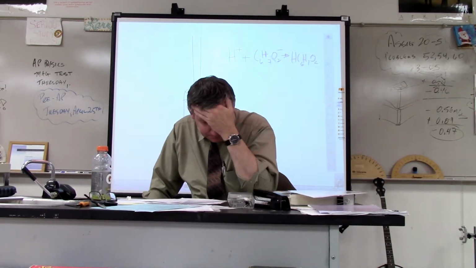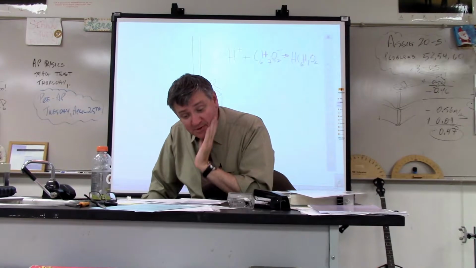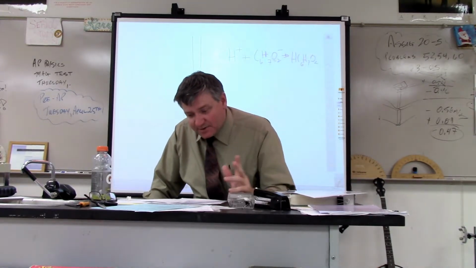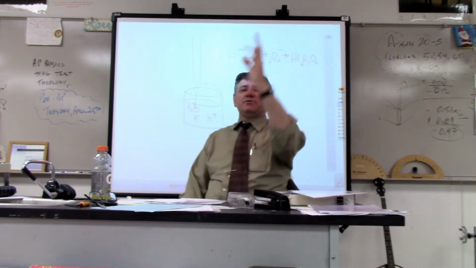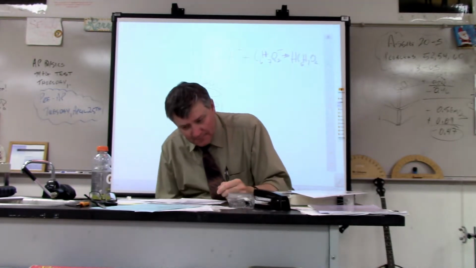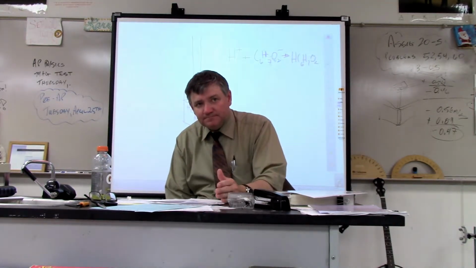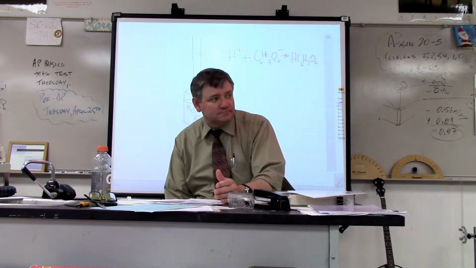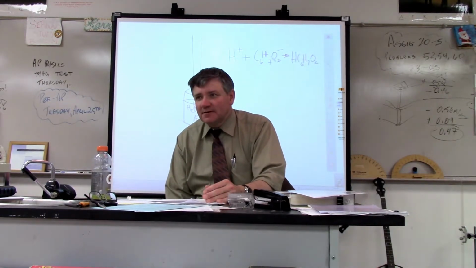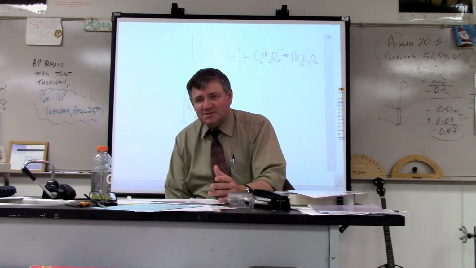On part B, a total of 29.95 milliliters of hydrochloric acid is required to reach the equivalence point, right? So at the equivalence point, what equals what? This and that. Anion.